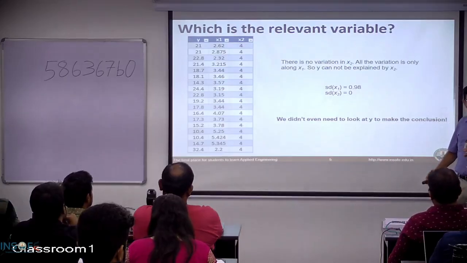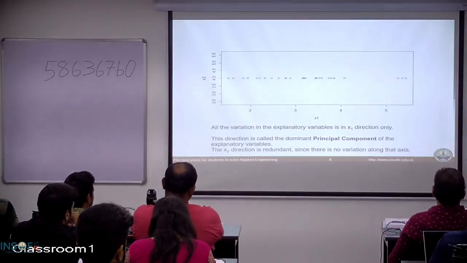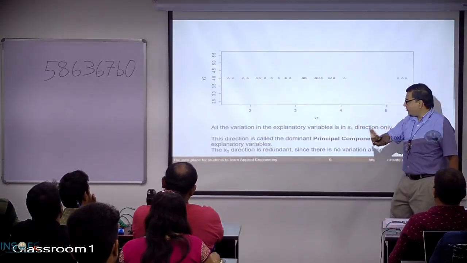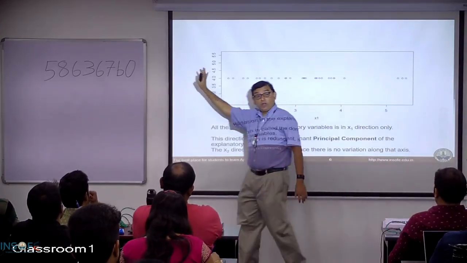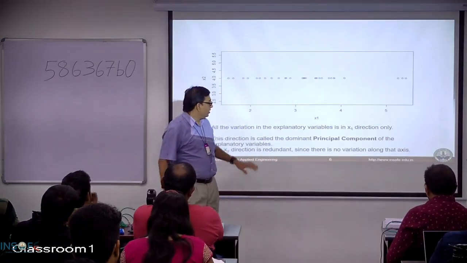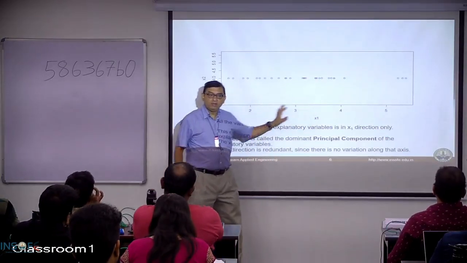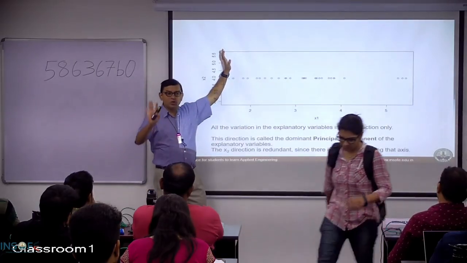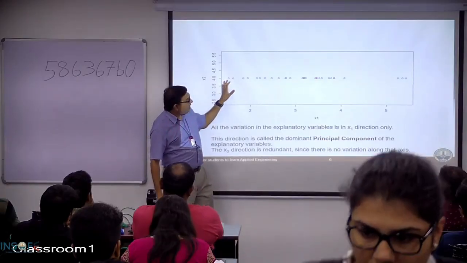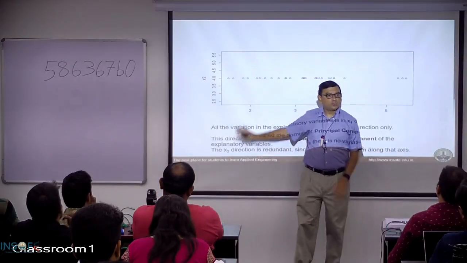That's what you did. Mentally, you had a picture where what's being plotted is not y. We didn't look at the y value at all in making the decision. You looked at x1 versus x2. That's the only plot that you had in your mind. And you realized that x1 was changing, x2 didn't change.